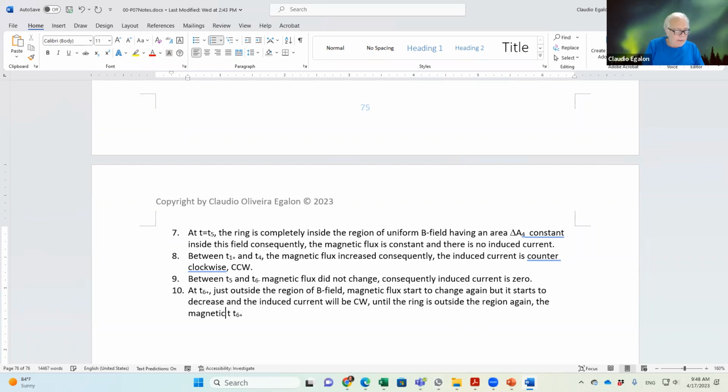The magnetic flux becomes 0 and the induced current goes to 0.